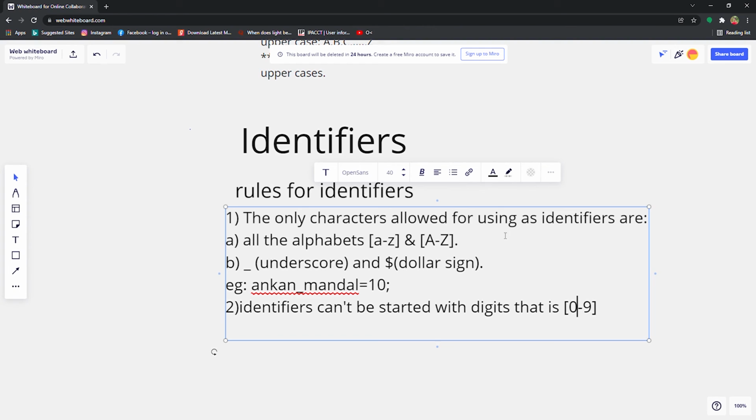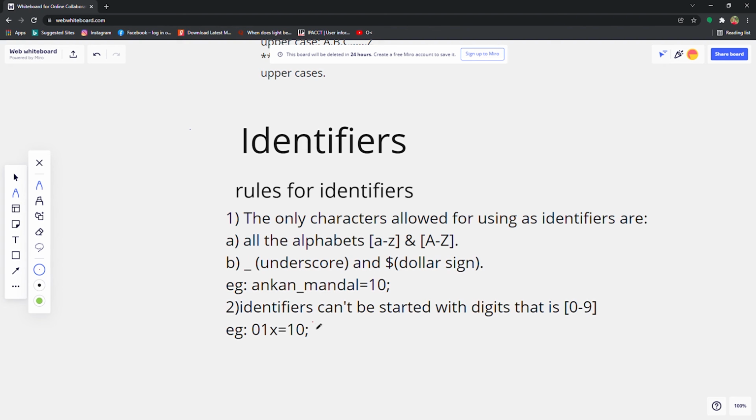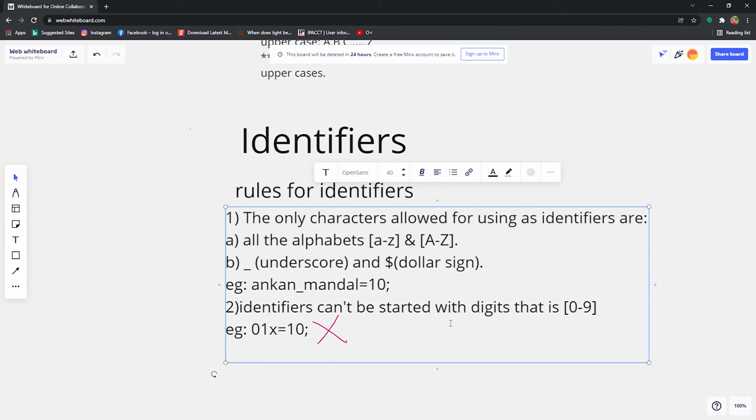You can't start an identifier or a name of something using digits from 0 to 9. Suppose, for example, 01x equals to 10. Now this is completely wrong. So just keep this in mind.